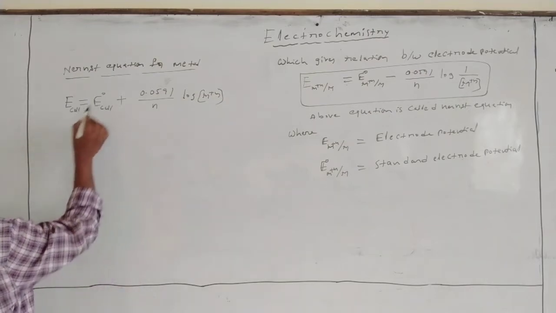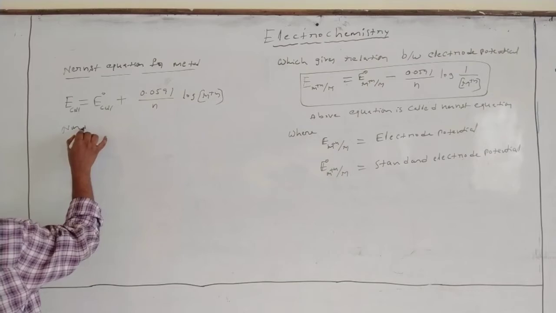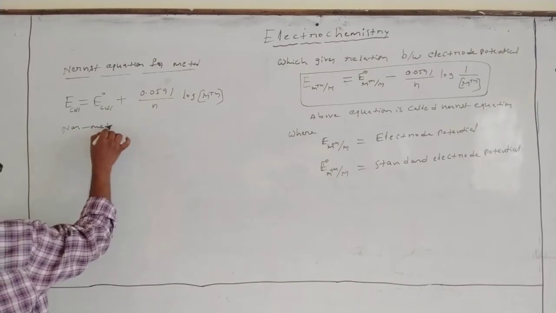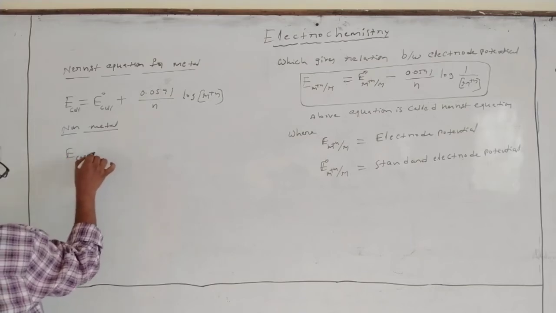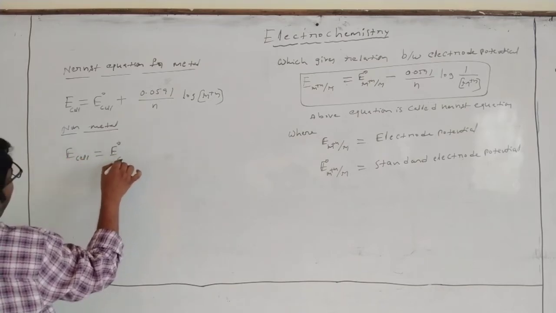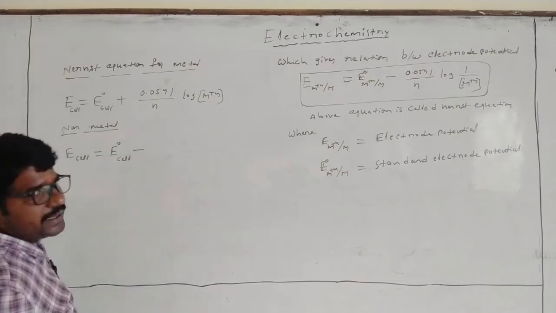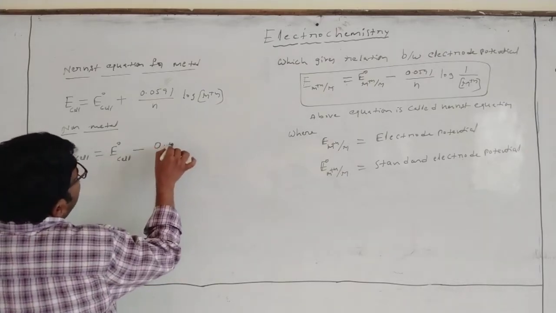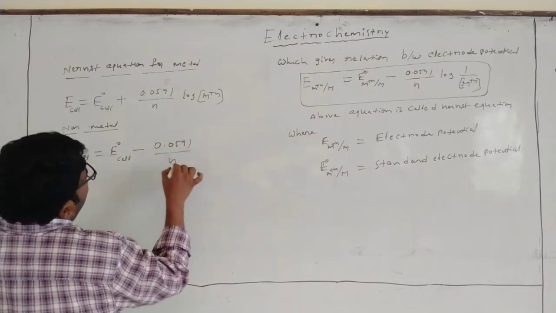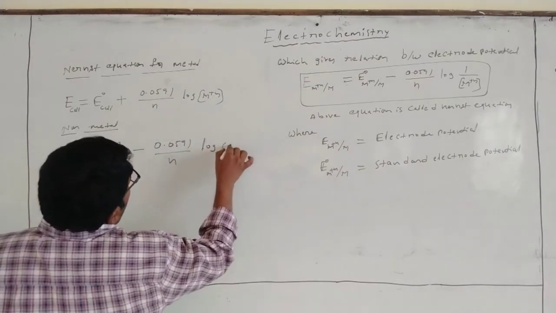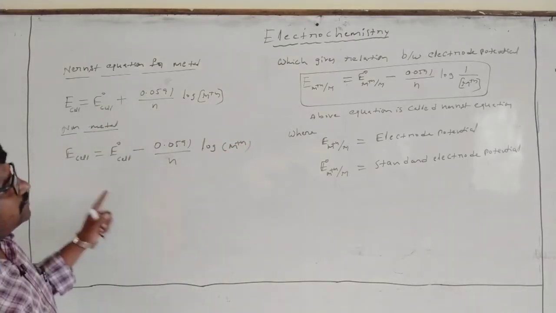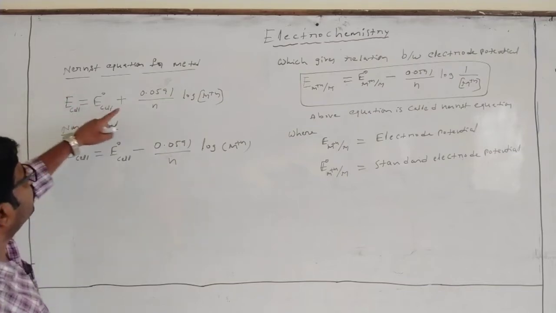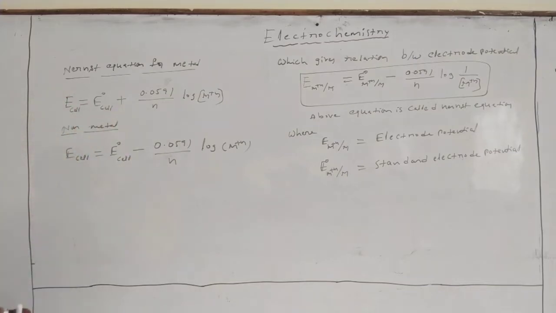For non-metals, E cell is equal to E naught cell minus 0.0591 by n log of the ion concentration. Only the signs change, the rest is the same. For metals you take positive, for non-metals you take negative. So this is the Nernst equation.